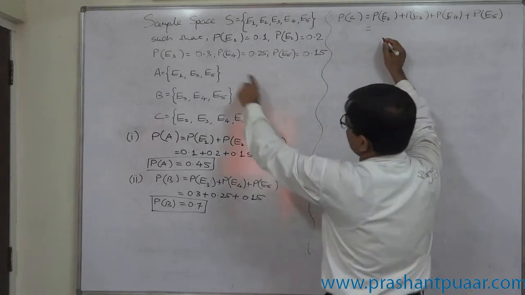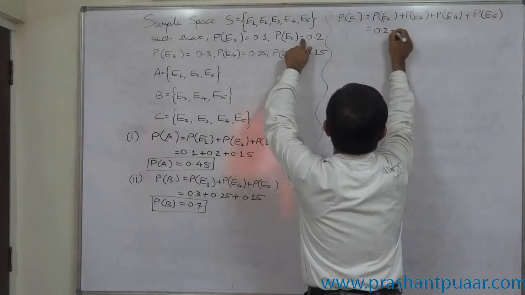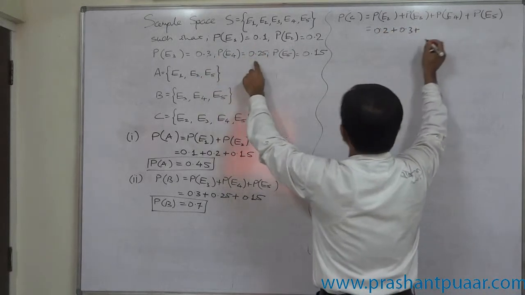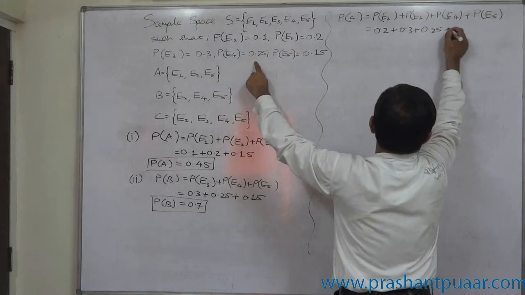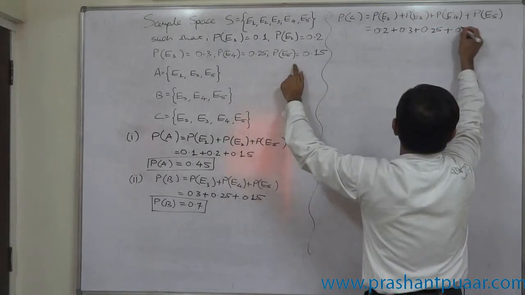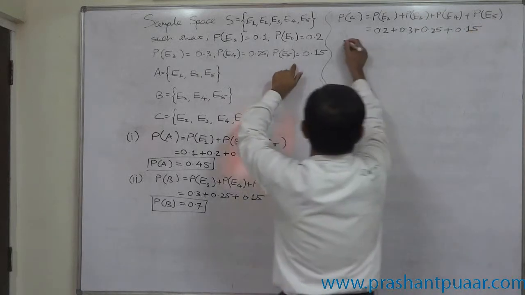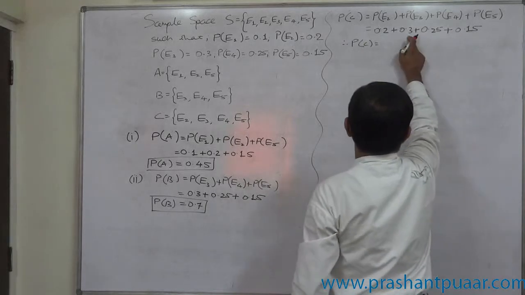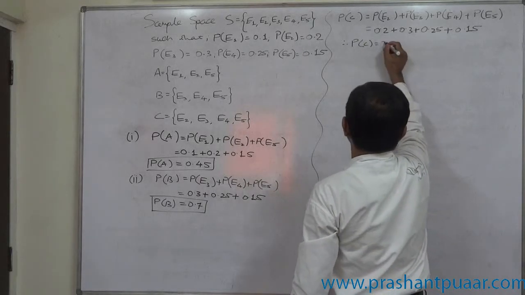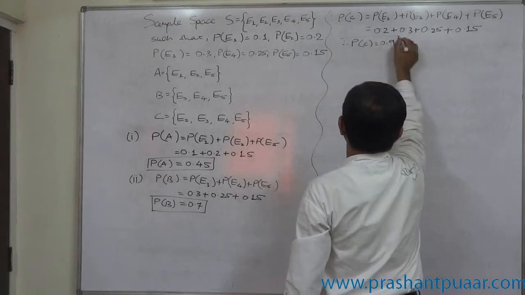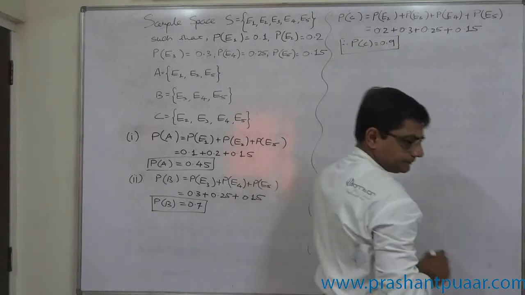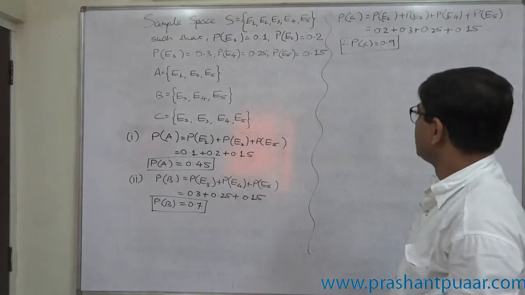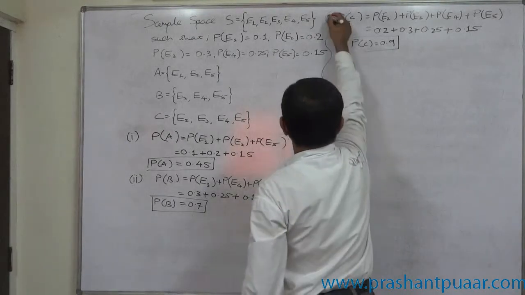That means P of E2 0.2 plus P of E3 0.3 plus P of E4 0.25 plus P of E5 0.15. So P of C is 0.9. Yes. Now complements.